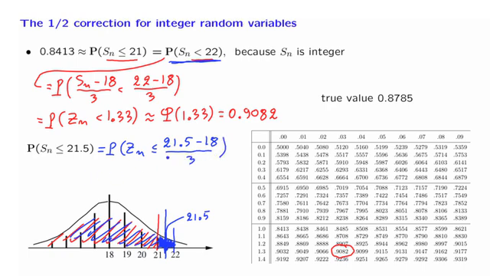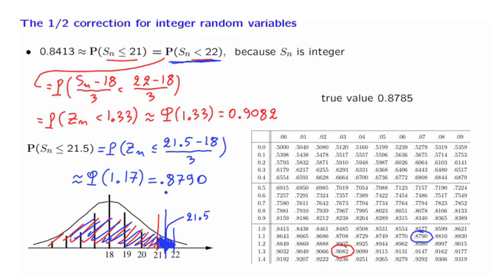And this number here is 1.17, and using the central limit theorem calculation, this is the CDF of the standard normal evaluated at 1.17, which we can go and look up in the normal table to find a value of 0.8790.